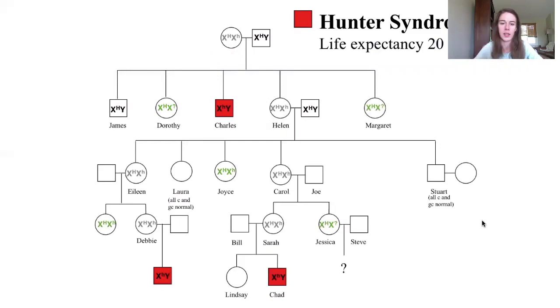And you can fill in, for the most part, a lot of these other boxes. There are going to be some unknowns because you could have a daughter who's a carrier that we saw from Bill and Sarah, but you can also have a normal daughter. So you can't figure out everybody, which is why genetic counseling gets difficult, because you can only predict the likelihood. You cannot predict exactly what is going to happen unless you test the actual DNA of the offspring in question.